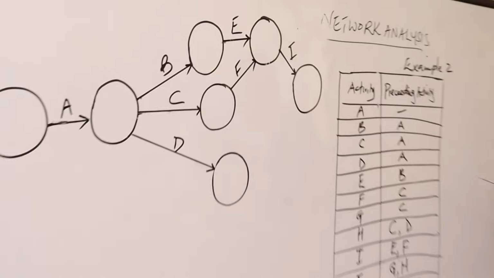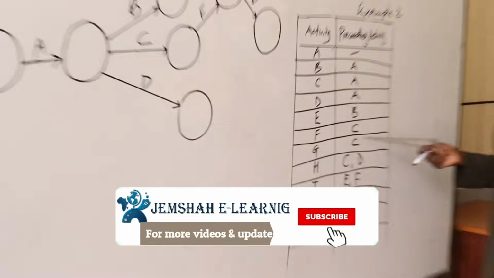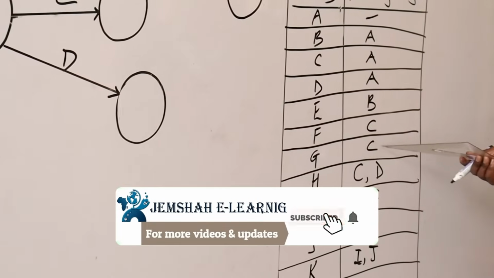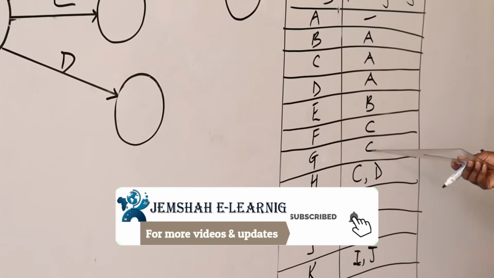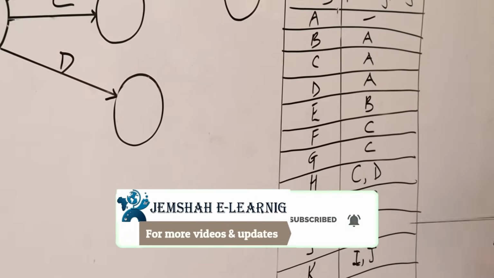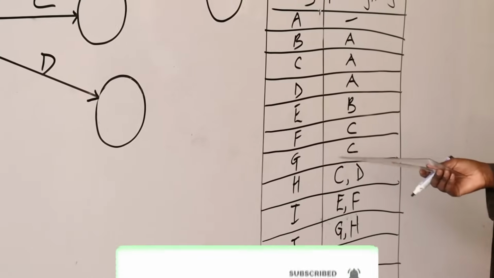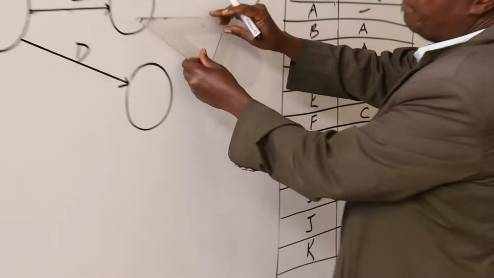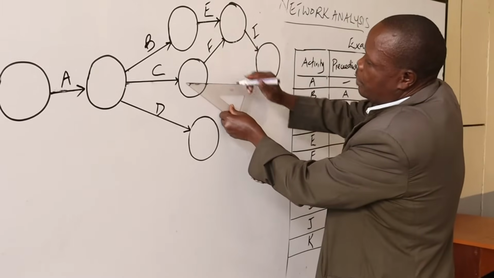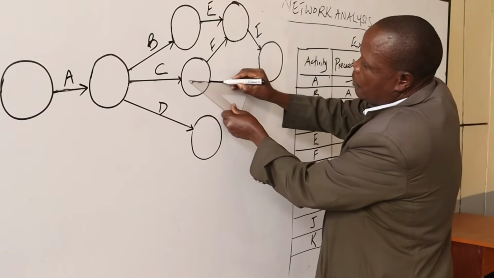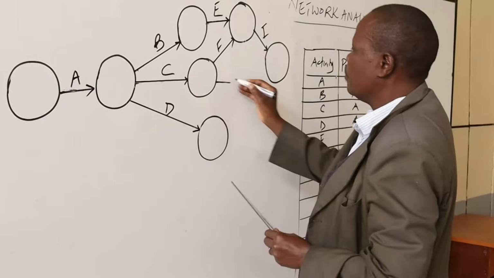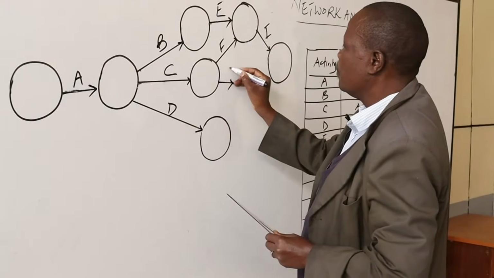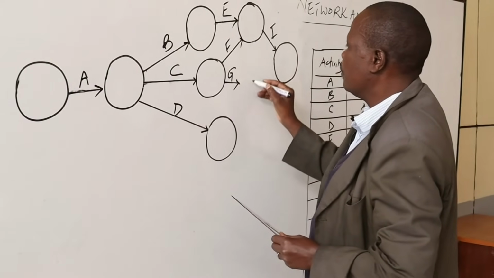Then we go back up here. C is a preceding activity to activity G. G is here.